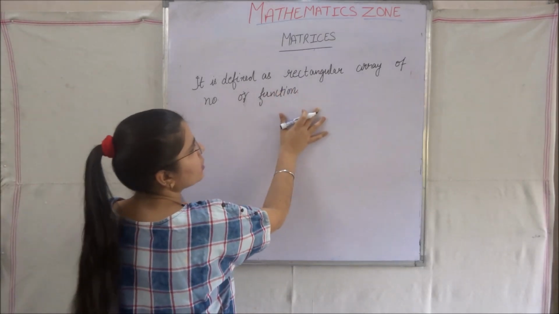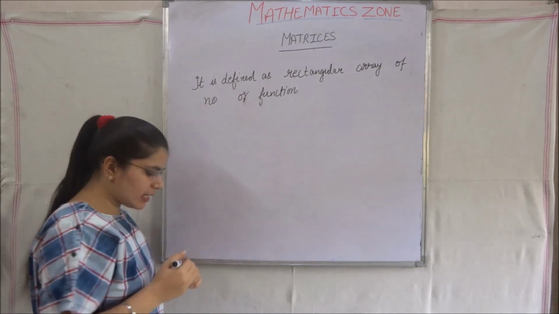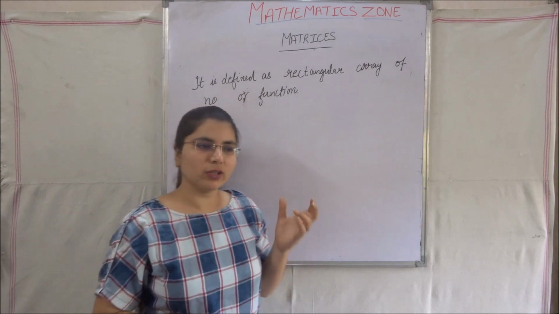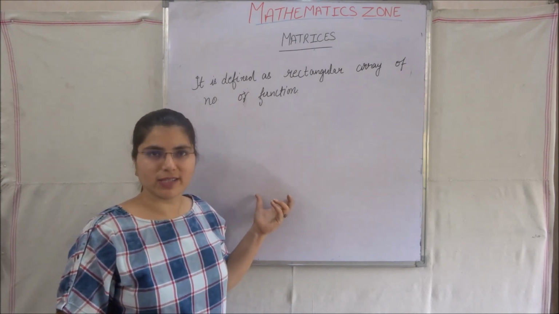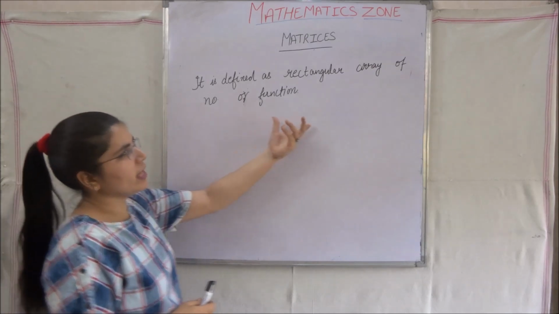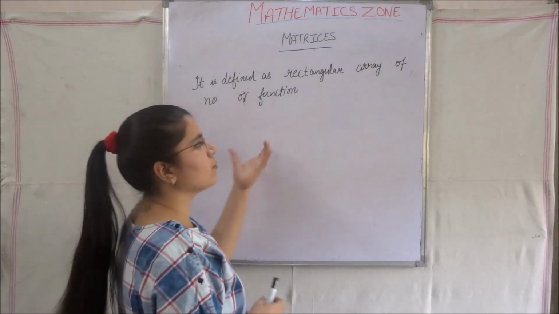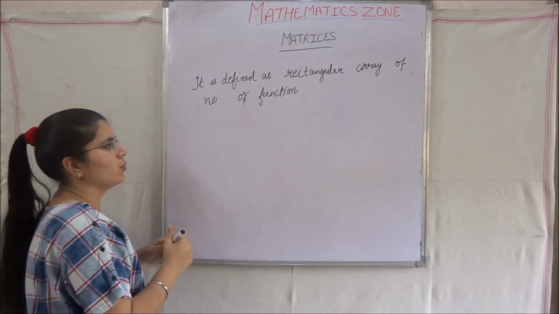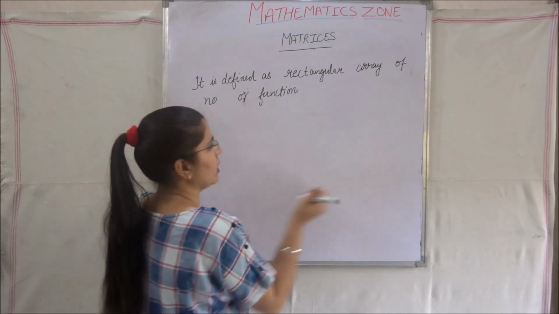So what is the meaning of this definition? That is, in the determinant method we simply use square matrices, but in matrices we can use rectangular form. That is, we can collect the information in a rectangular form also. Now what is the meaning of rectangular?